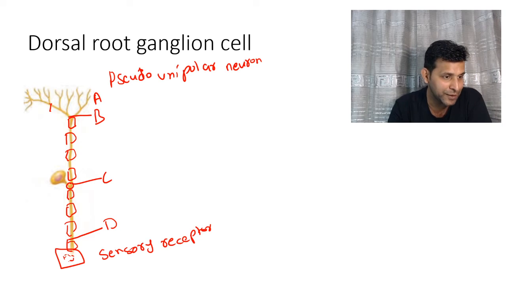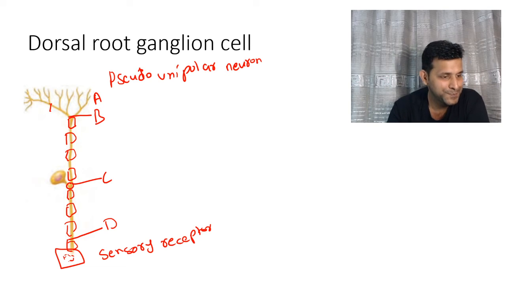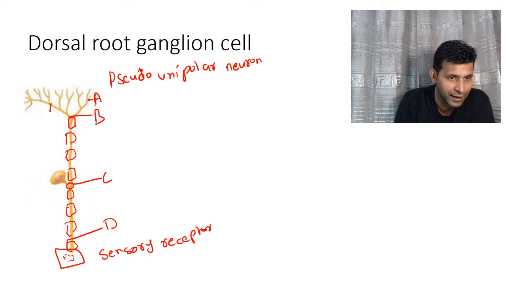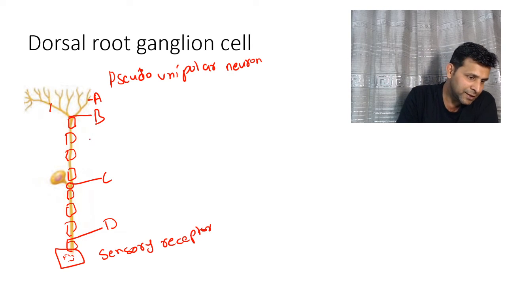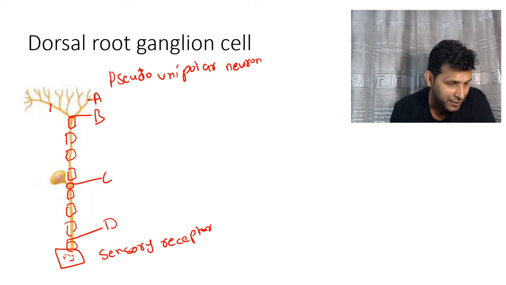Yes, other people in the group, please answer me this thing. Because there are 4 areas I have marked here as A, B, C and D. So where are we going to have first action potential in the following diagram? It's a pseudounipolar neuron, it's a receptor cell, a receptor neuron, a sensory neuron.